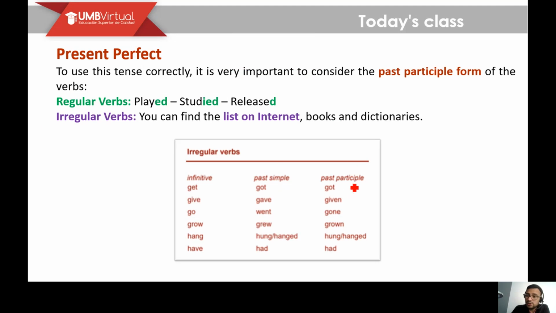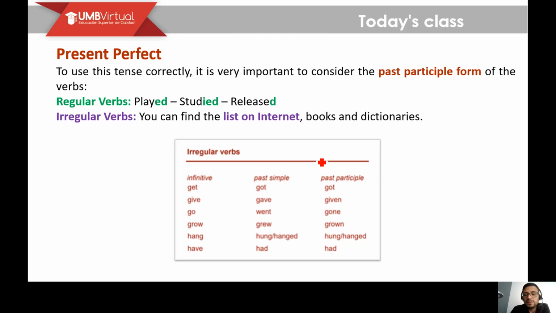The third column that we needed to learn. Remember these are regular lists? So in this list you have get, got or gotten también, or give, gave, given, go, went, gone. See? We need to look for this list and learn our irregular verbs.